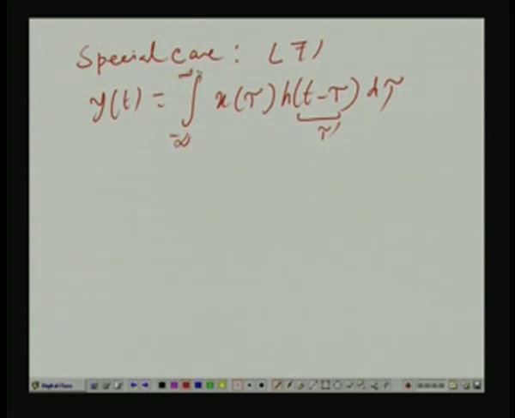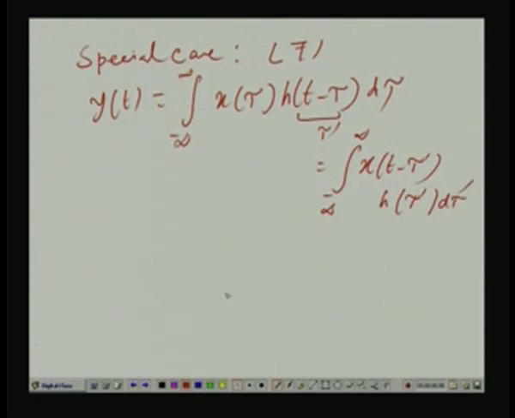So minus infinity to infinity, another minus comes, so it becomes plus, and you get back x t minus tau prime h tau prime d tau prime.